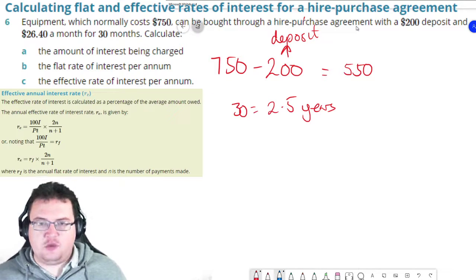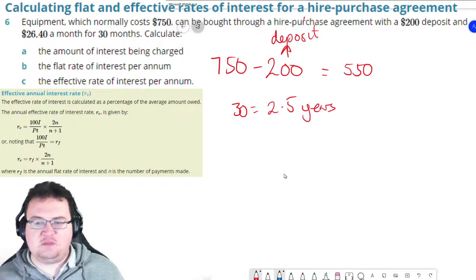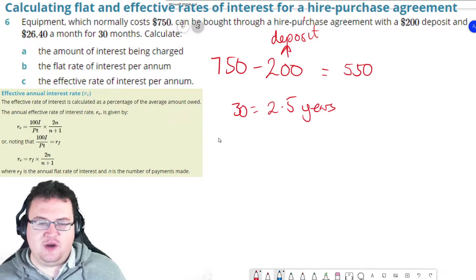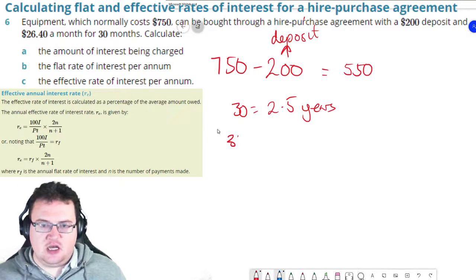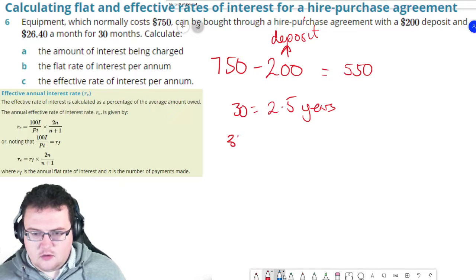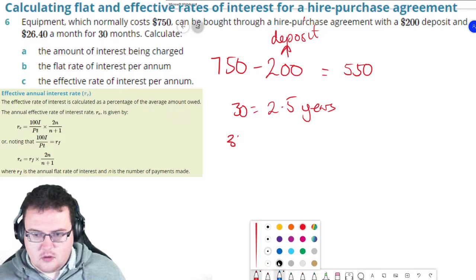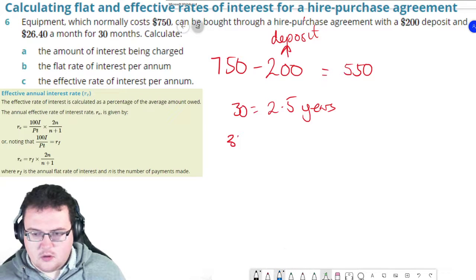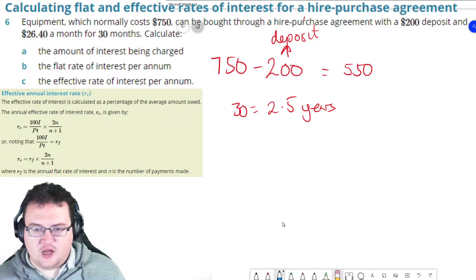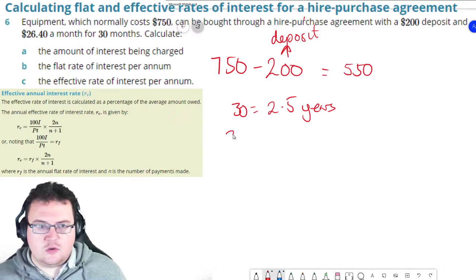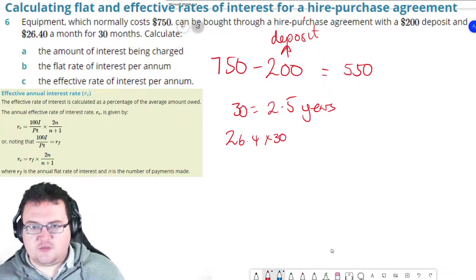So now, we've worked out how much money is being borrowed. We've worked out how long it's being for, but how much money is being repaid? So what we need now is to work out 26.4 times 30.